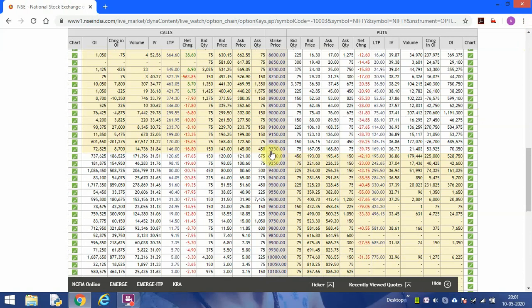So you see here 9250. Just go here, you see there is some open interest, 70,350, then again 6,85,575, then again 53,775, then 5 lakhs, 4,975, then again 11 lakhs.